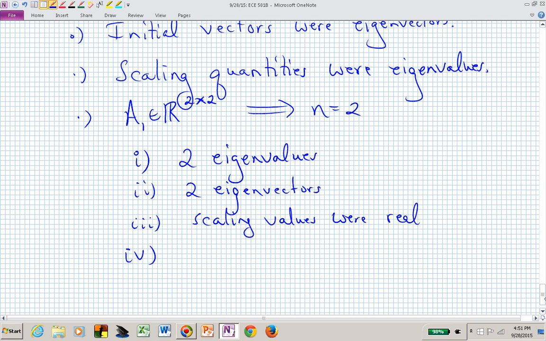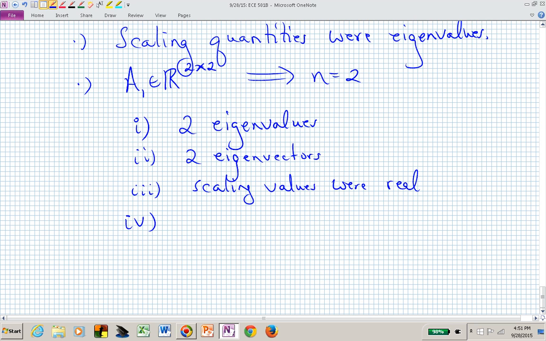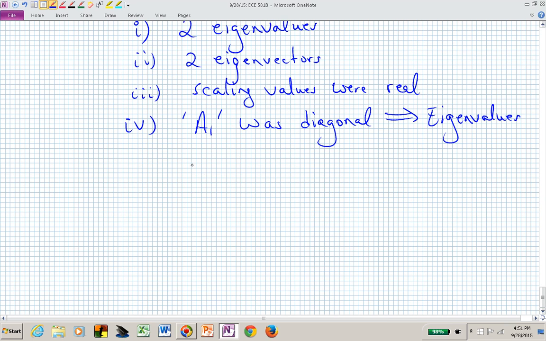And one of the reasons we could see all of that happening was because this A1 was diagonal, purely diagonal. All the off-diagonal elements were 0. A1 was diagonal, which really says that the eigenvalues were the diagonal elements.